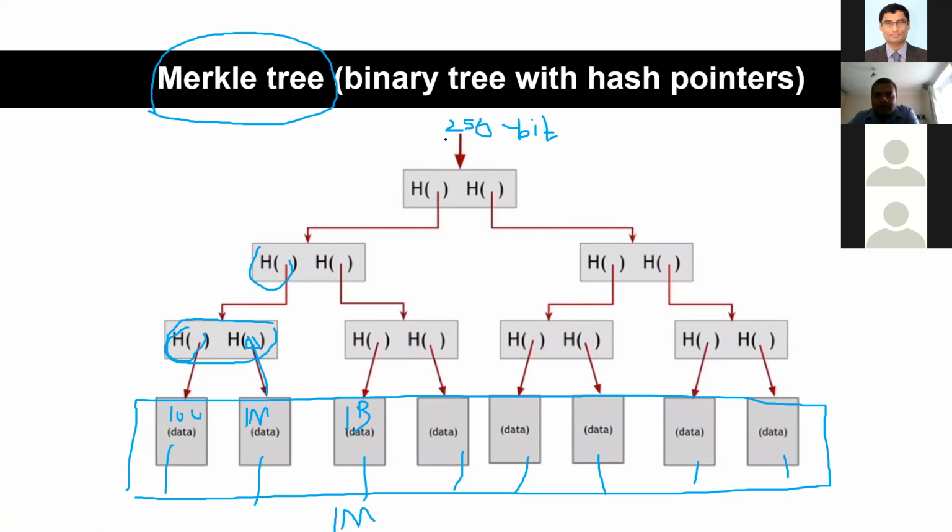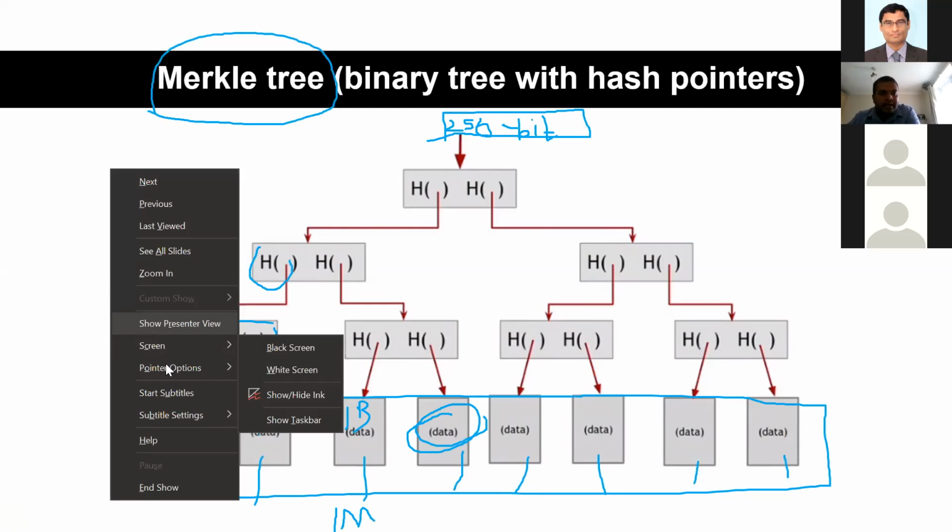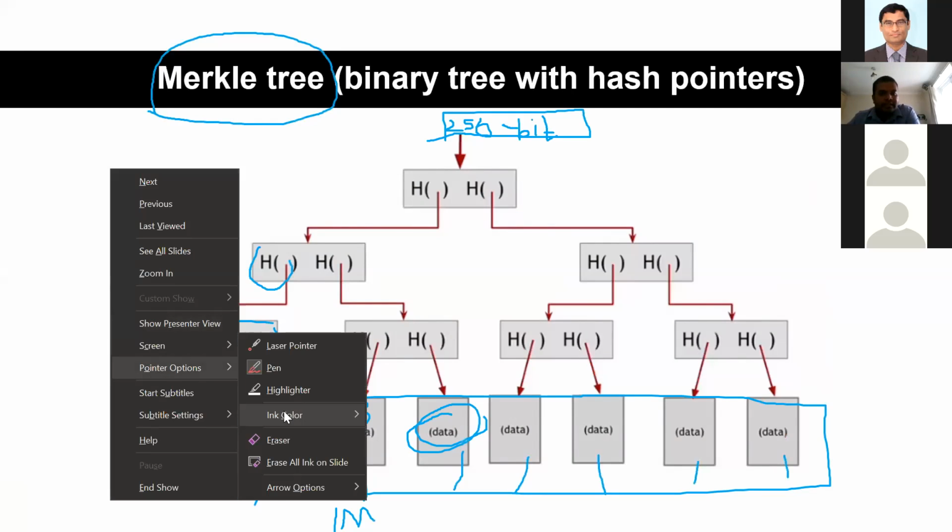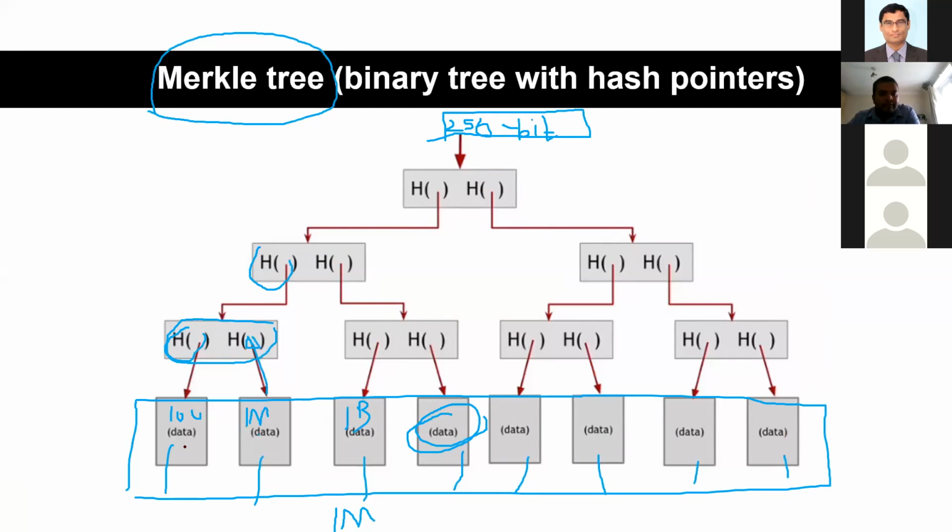As long as you have this 256-bit message digest, you can ensure whether somebody has changed something here or not. If an attacker changes a single bit here, it will completely change the output here.